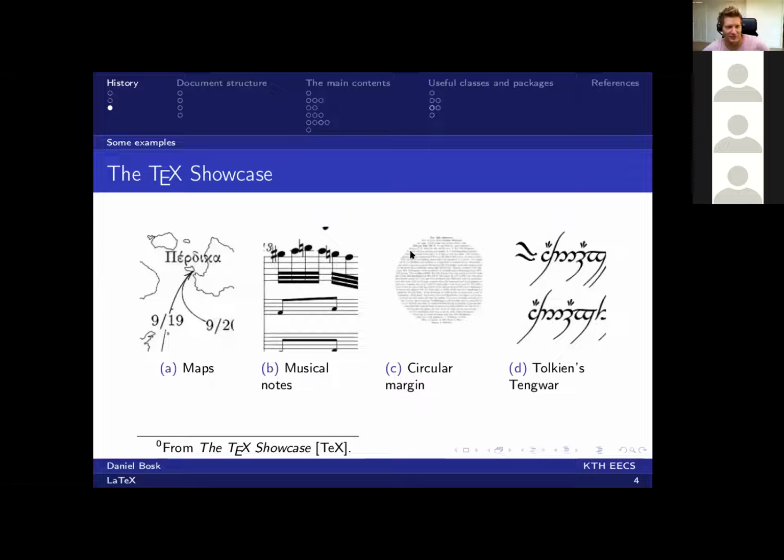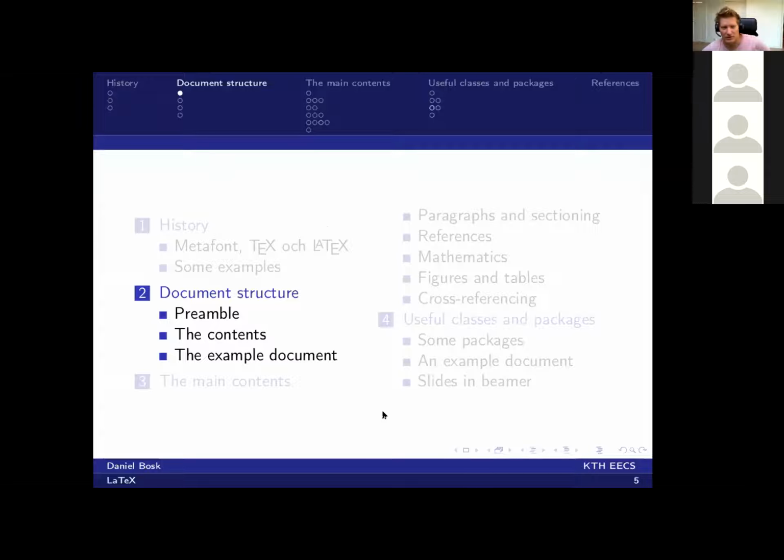It's just a document of text, and the margin is set to be circular, and this is produced automatically by TeX. You just set it up, type your text, and it will look exactly like this. You can also write in Tolkien's Tengwar font and language. You can do quite cool stuff with TeX.